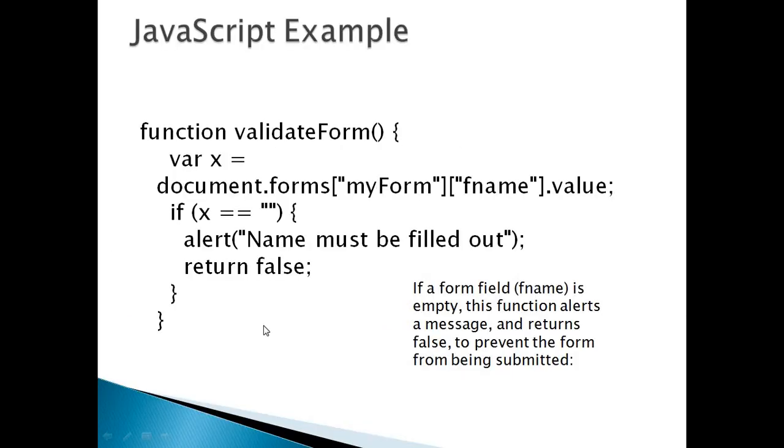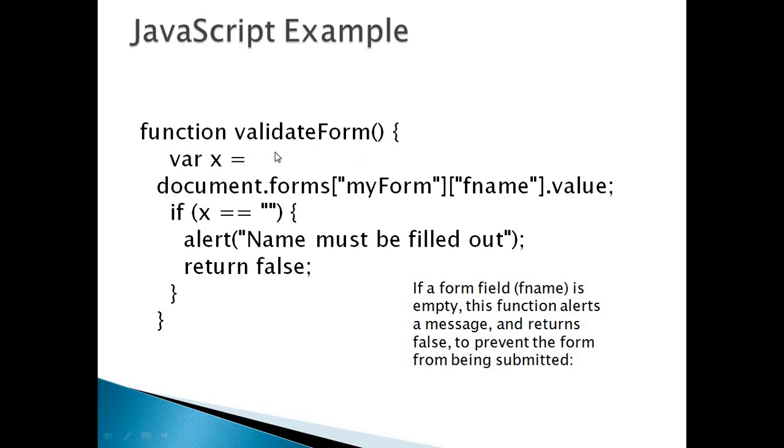Here is an example. In this example, if a form field is empty, this function alerts a message and returns false to prevent the form from being submitted. That means if a user enters no value in the control like a text box, then it will generate a message that name must be filled out. So how does this code work? I made a function named validateForm.